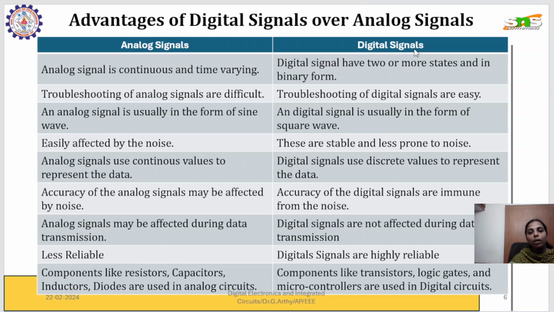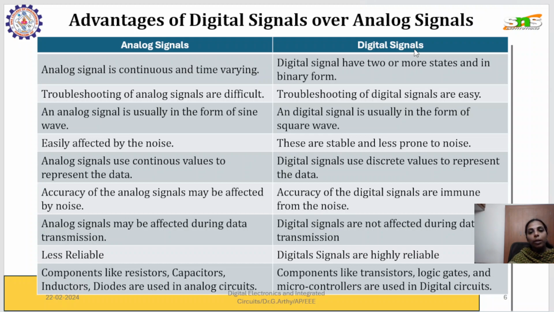Digital signals are highly reliable. Similarly, the repeatability of the outputs through digital systems is good when compared to analog systems. And few examples are resistors, capacitors, inductors, etc. Components like transistors, logic gates, and microcontrollers are used to design a digital system.